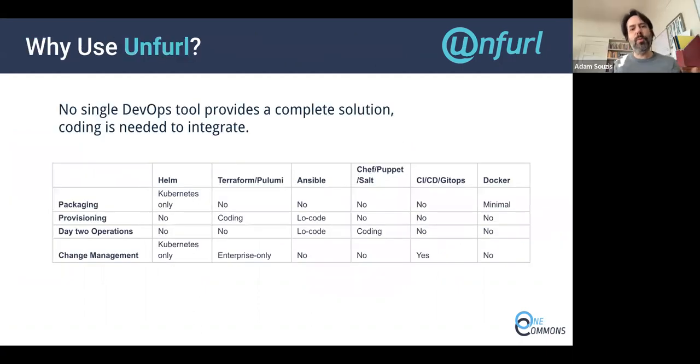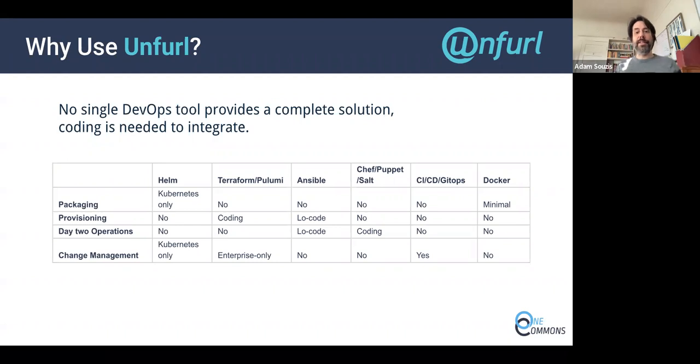And so why do you need that? The reality is there's really no DevOps tool that does everything for you. If you look at the classic CI/CD and DevOps flow, there are different stages. You have to package it up and build the container images, and you're provisioning it with something like Terraform.